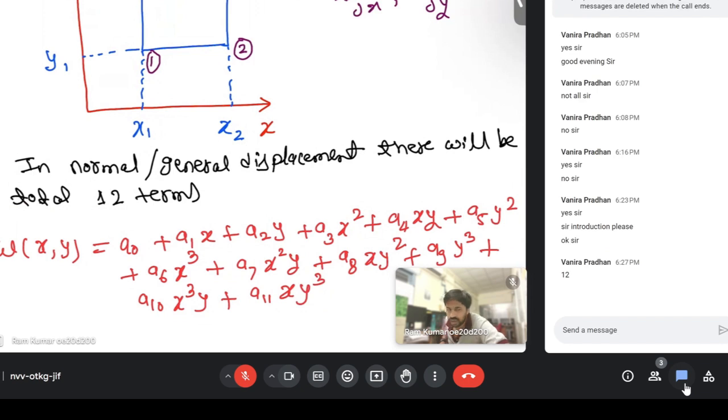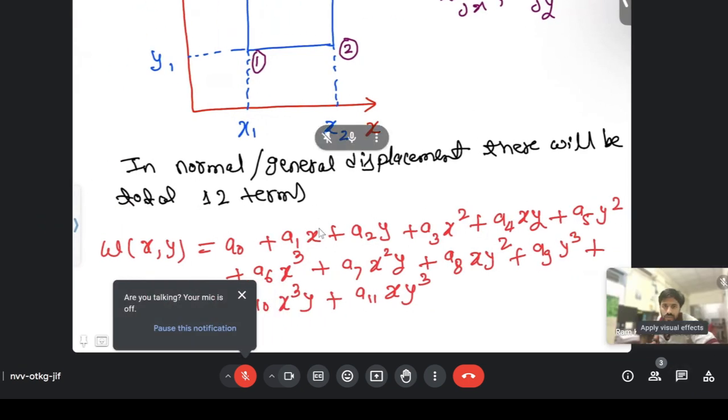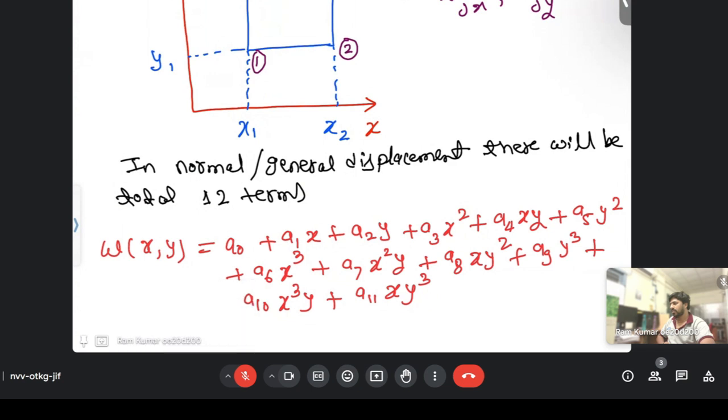How are we writing this Pascal triangle?